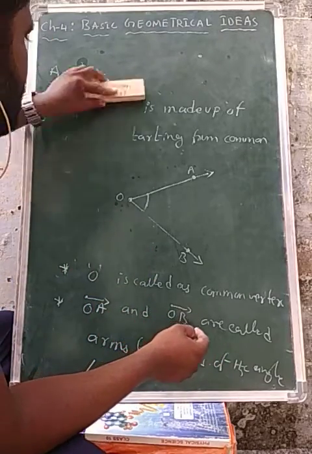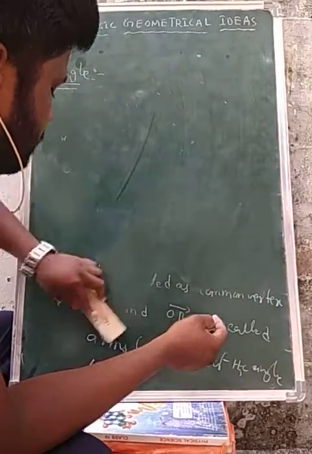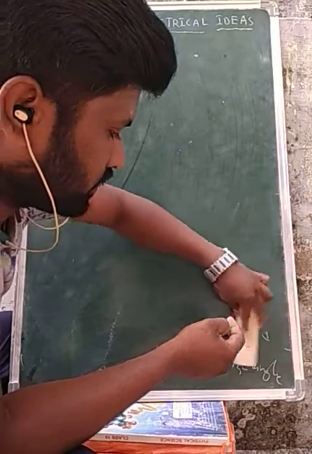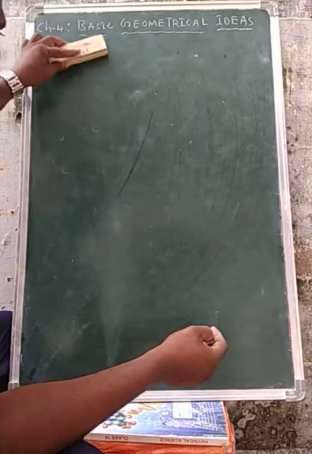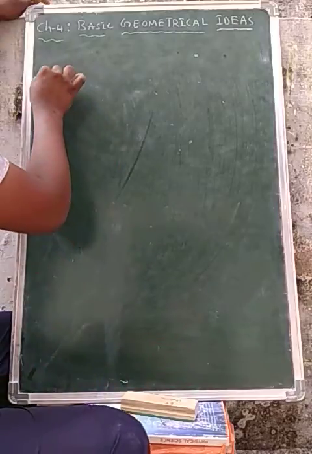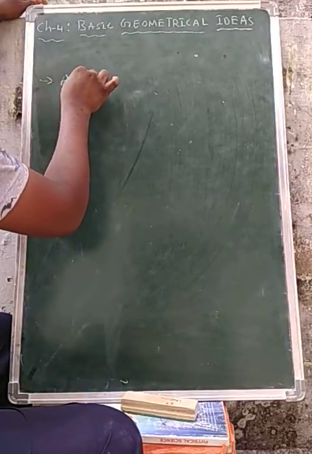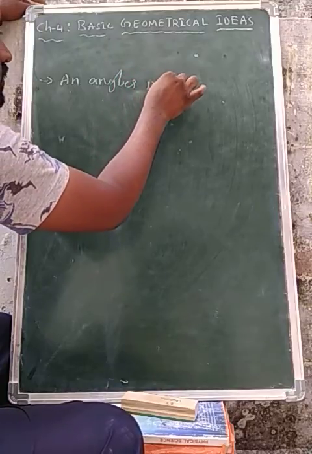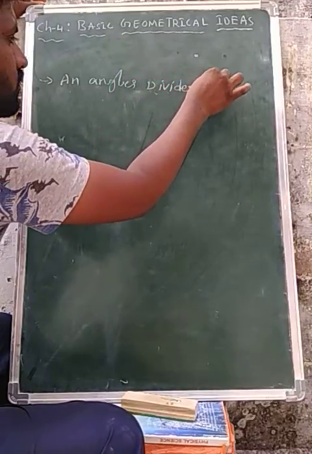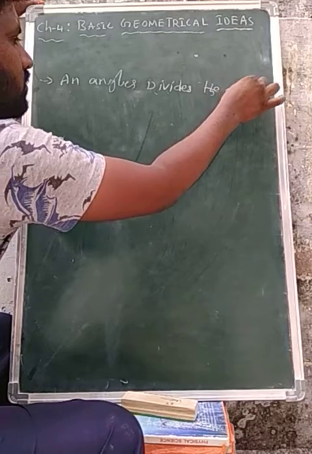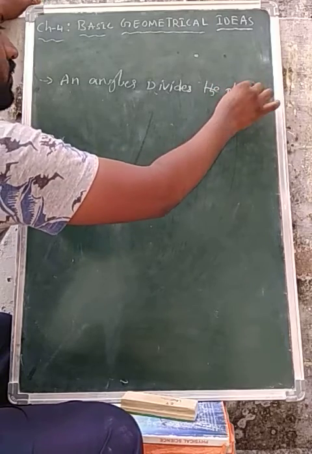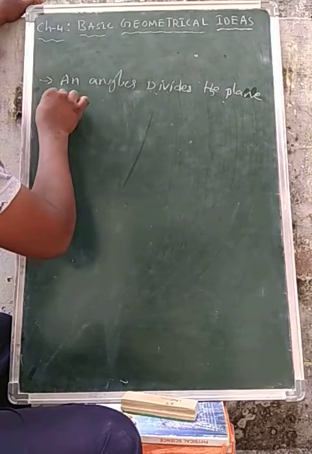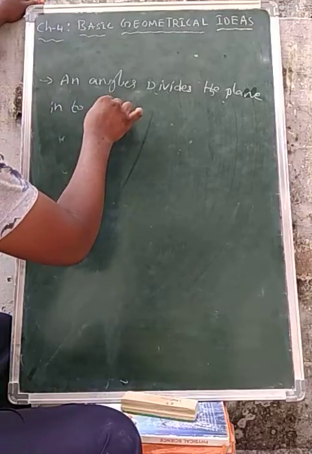Now see, an angle divides the plane into three parts.